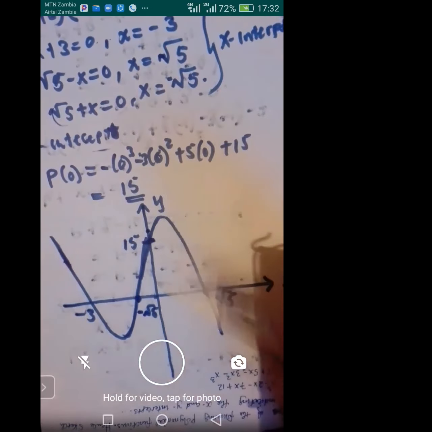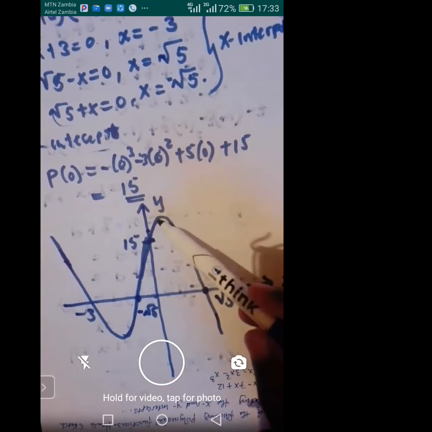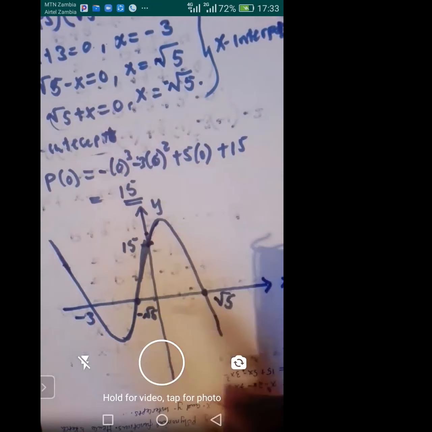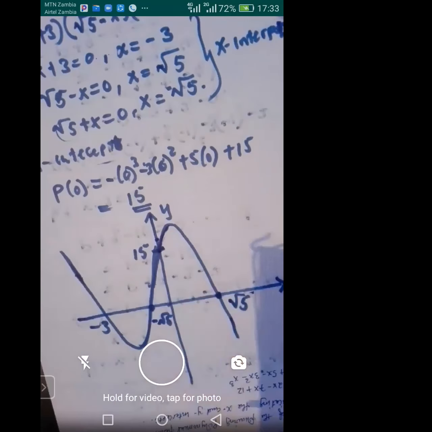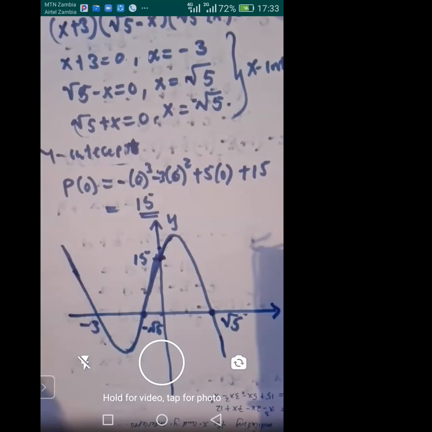So sometimes the graph cannot be perfect, but just please indicate where the graph cuts the y-axis and the x-axis. That's what they need. So indicate the x-intercepts and the y-intercept.